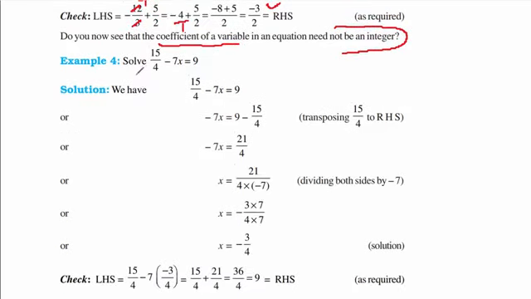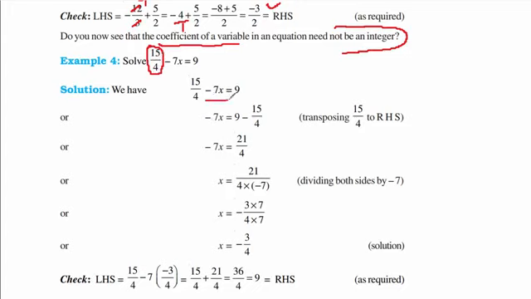Now we will see the last example. So we have 15/4 minus 7x equals 9. So we have to leave x only on the left hand side. So we see 15/4, a rational number which has a plus sign. We will transpose it to the right hand side. It will become minus 15/4. So the same has been done in this step.